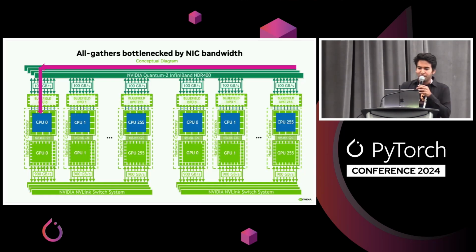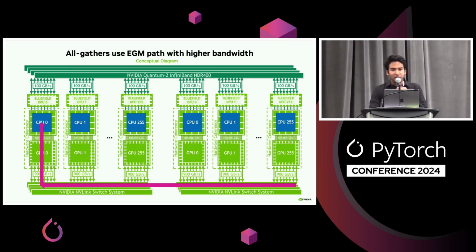Diagrammatically, to explain this, if you are not using any of those changes, your gather is going to use the network interface card bandwidth, which in the figure I've shown is about 100 gigabits per second. Whereas if you use the EGM path with all the MemPool changes, you will be taking the NVSwitch path.